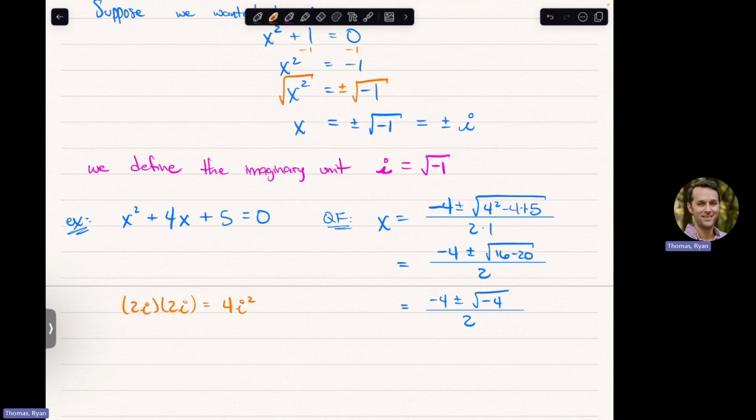So multiplying those, I multiply 2 and 2, and I multiply i and i. If i is the square root of -1, then i squared would be -1. So -4. So back over here, the square root of -4 is the same thing as 2i.